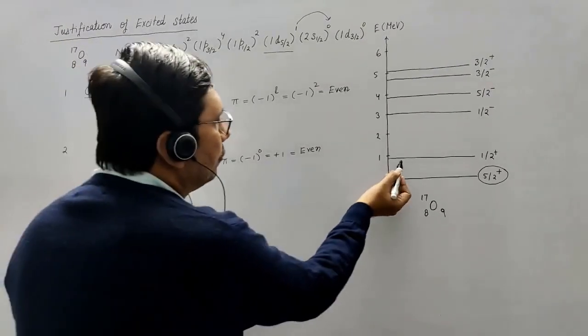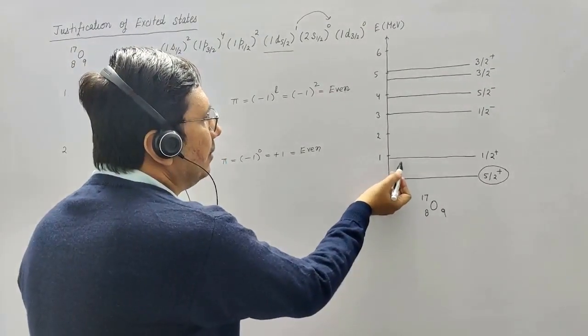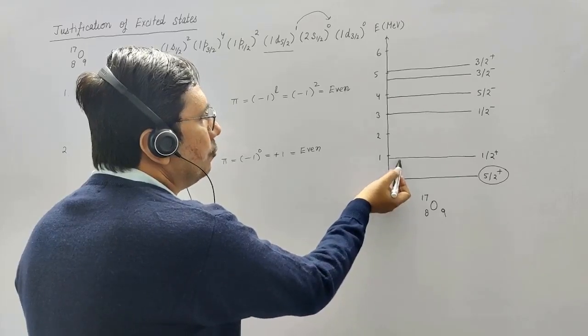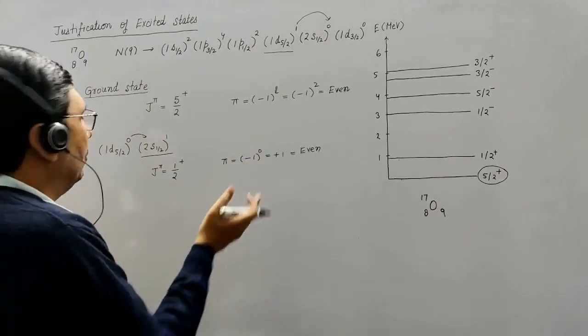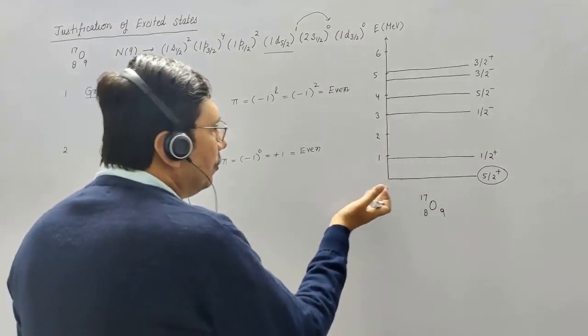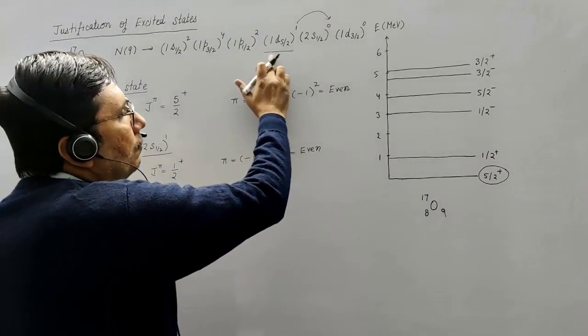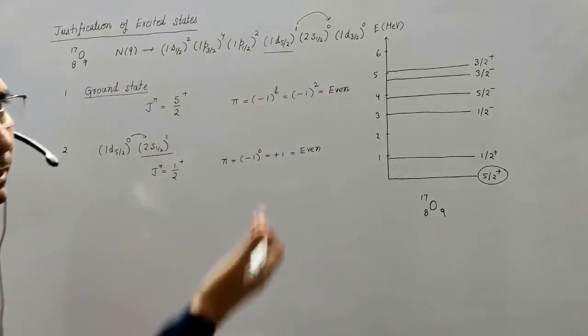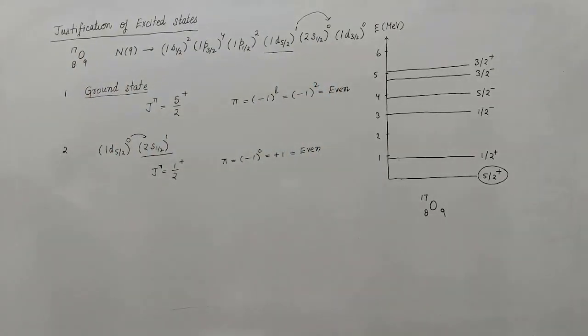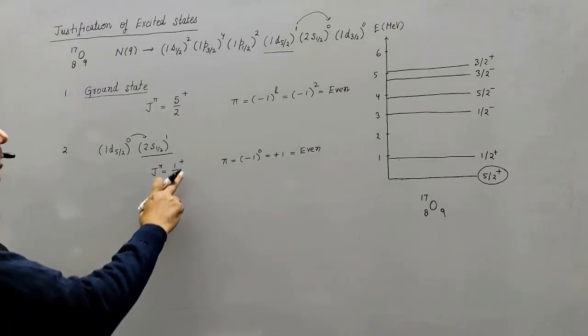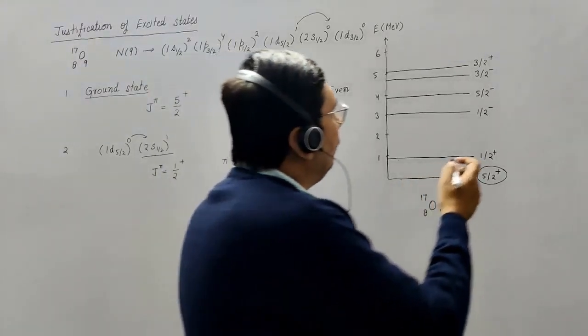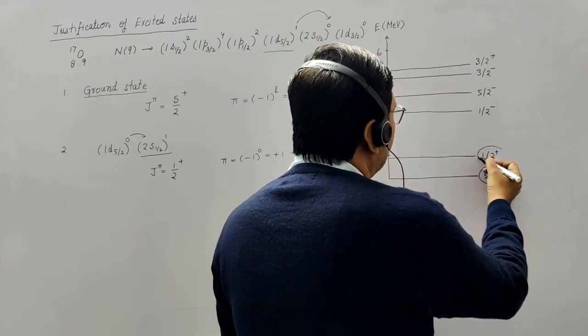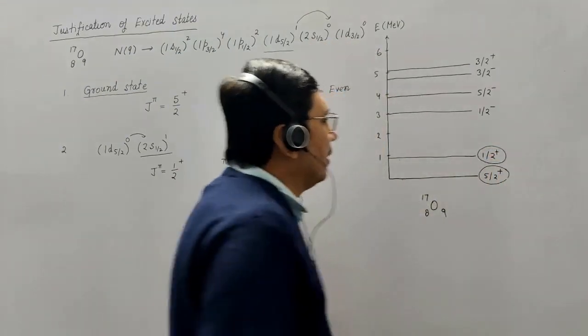If we provide energy equal to the difference between these two levels to this unpaired neutron, then the unpaired neutron which was here will jump to this level, and this new configuration of neutron will form the excited state that is represented by 1/2 plus. So in this way, we have explained this energy level.